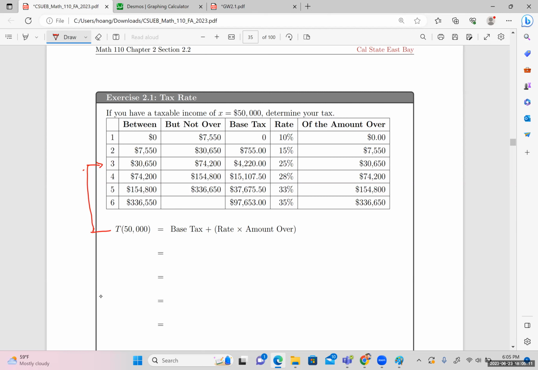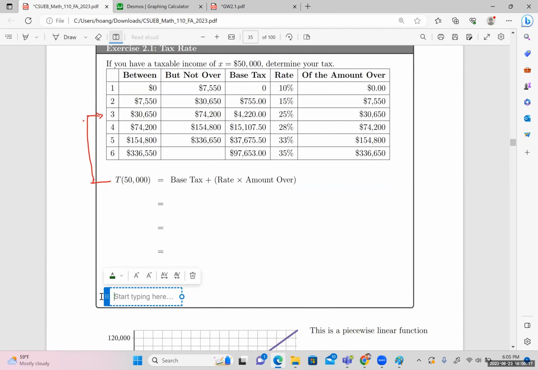The amount over, in this case, is the amount over 30,650, right?